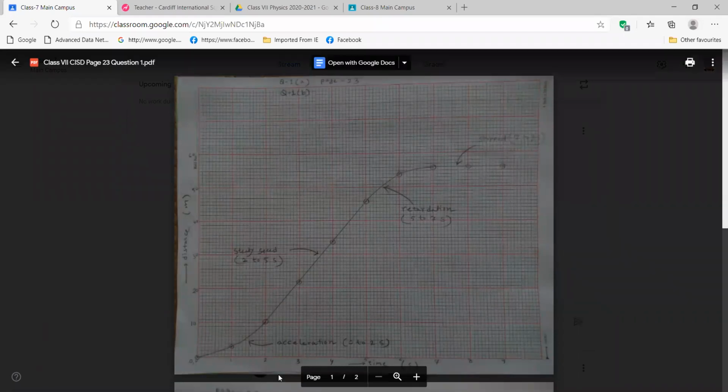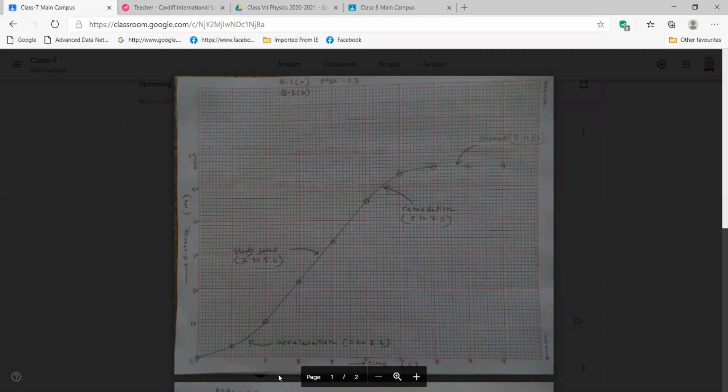I'm checking the group, wait. No problem, whatever the graph is. If your graph is covering more than half of the graph scale, that is fine, so you can draw nicely with this one.